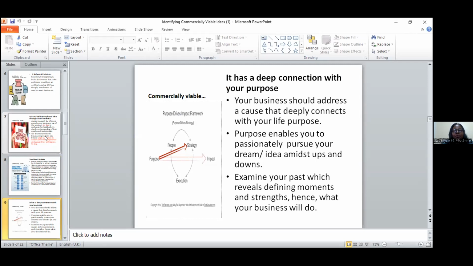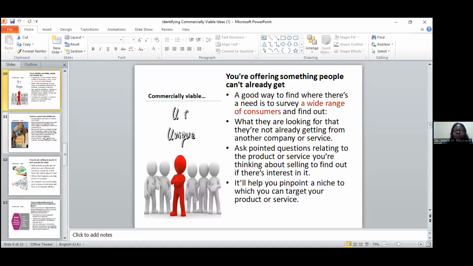So your business should address a cause that deeply connects with you. Otherwise, as we said, you need patience, you need to be resilient because there are challenges here. If it's not something that you're passionate about, then you can easily give up. So purpose enables you to passionately pursue your dream amidst ups and downs. So examine your past, which reveals defining moments and strengths, hence what your business will do.